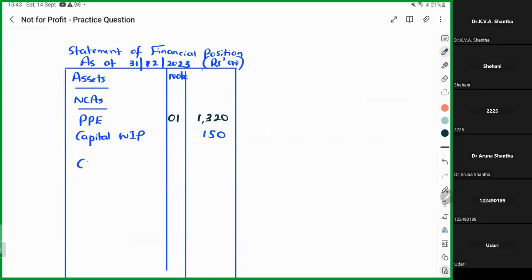Then current assets. We have stationary stock.